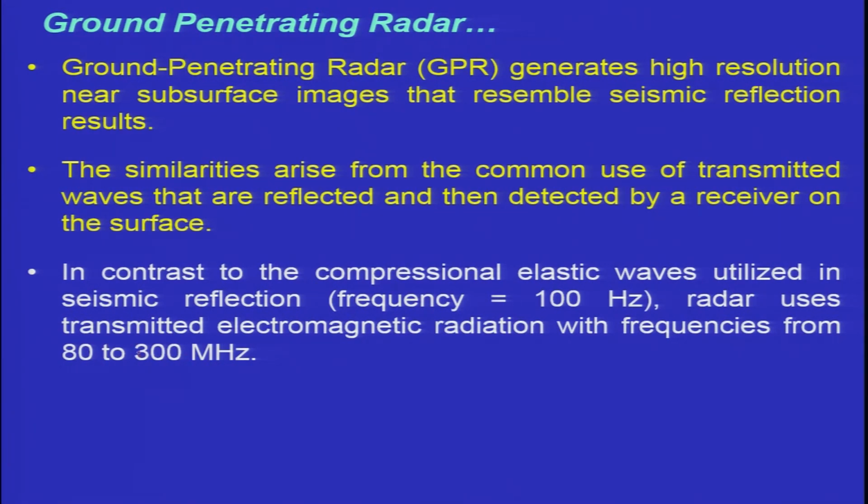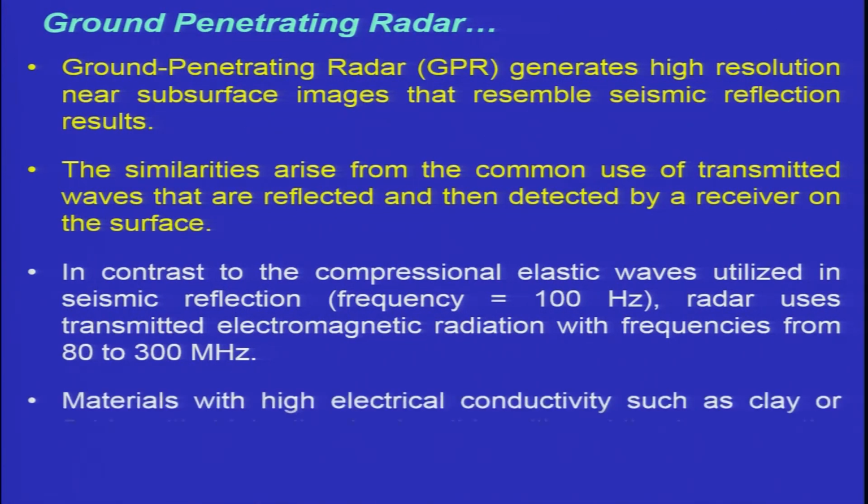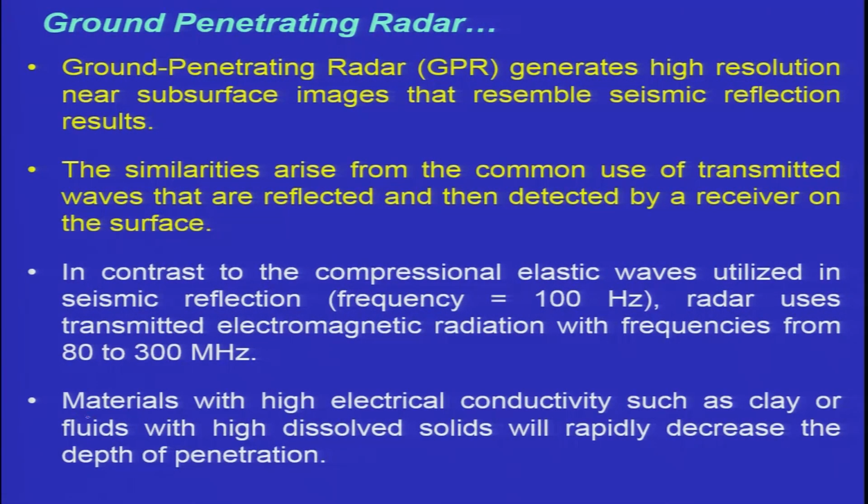You can have more, and even less megahertz frequency antennas, but these frequency antennas will give you a very high resolution georadar image. Material with high electric conductivity, such as clay in some regions, or fluids with high dissolved solids will rapidly decrease the depth of penetration of the georadar, and this is very much similar to what you will experience in the resistivity survey.